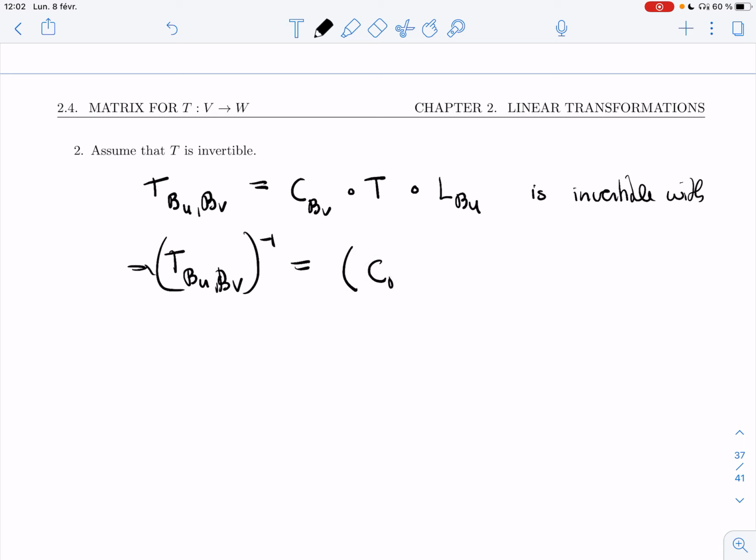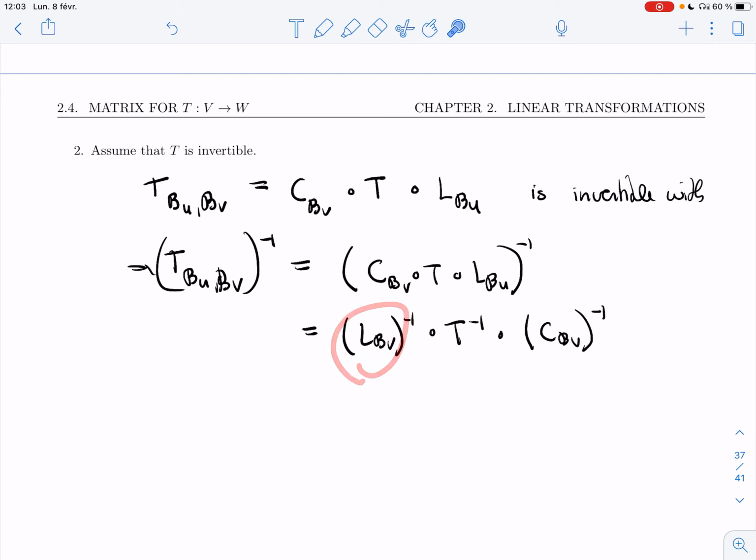I'm going to write it as the inverse of this, and then we'll bring the inverse in, and we'll get LBV inverse, T inverse, and then CBV inverse. But we know the inverse of LBV, and we know LBU, sorry. And we know the inverse of CBV. They're the coordinate maps for U and the linear combination maps for V. And so this is BUBV.